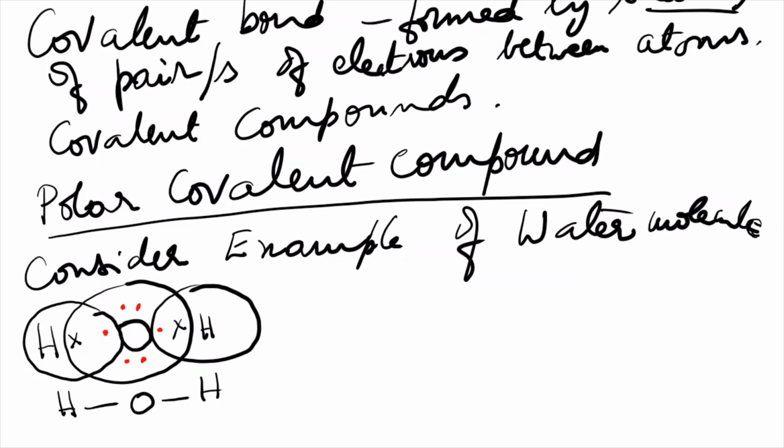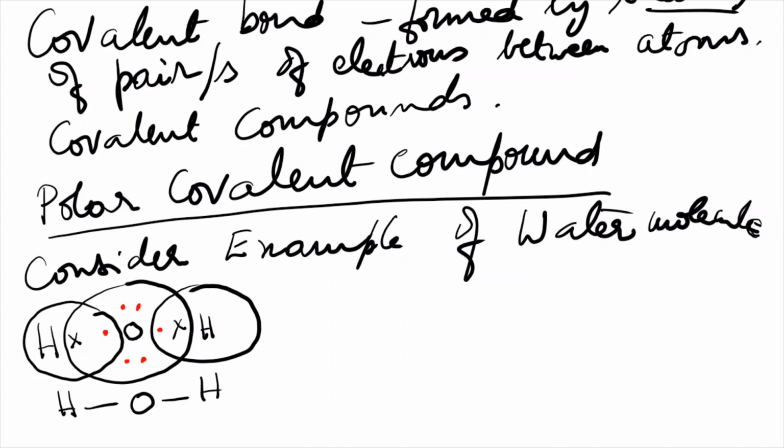Now among these hydrogen and oxygen atoms, the oxygen atom has a stronger affinity for electrons as compared to the hydrogen atom. You can attribute this to the larger number of protons present in the oxygen atom compared to hydrogen.